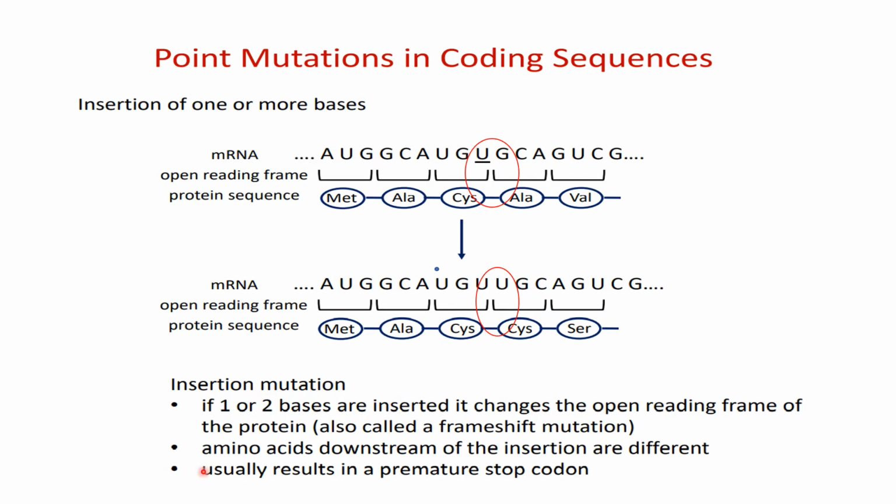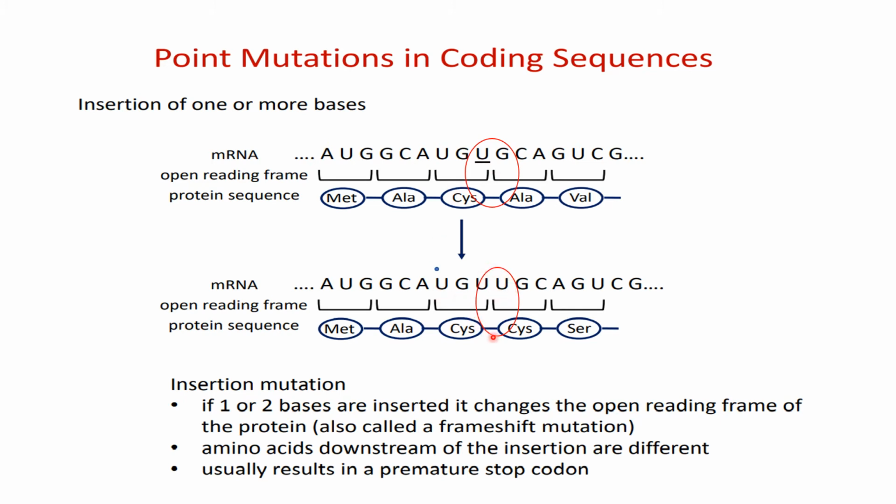Insertion mutation. Insertion mutation means adding of one or more bases. In the previous slide, we learned about deletion mutation, in which deletion has happened. But on the contrary, in this mutation, insertion is happening, like insertion of one or more bases. See the sequence UGUG. On the other hand, see here, UGUU.